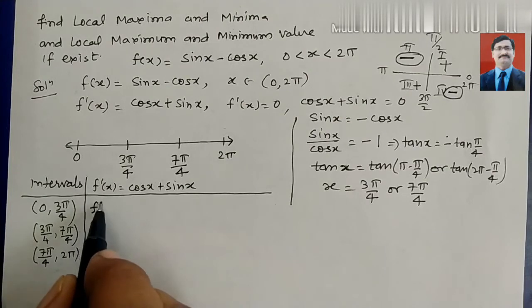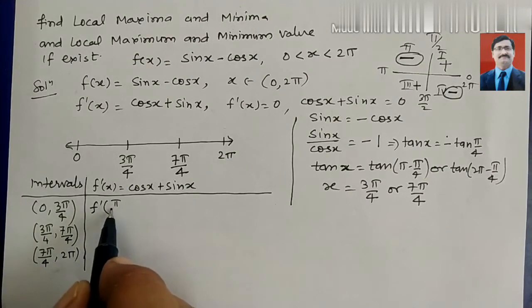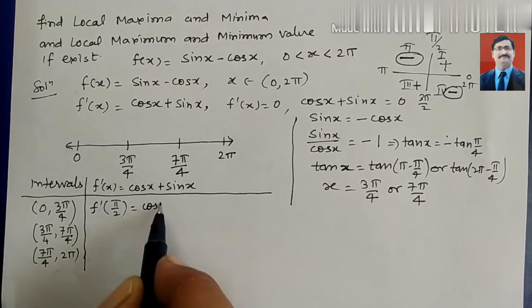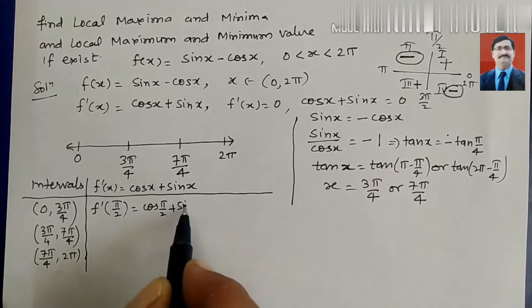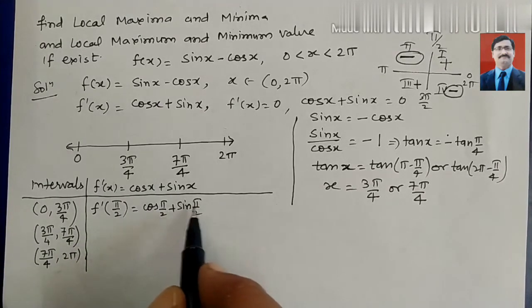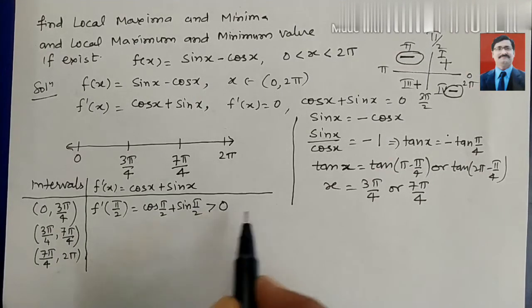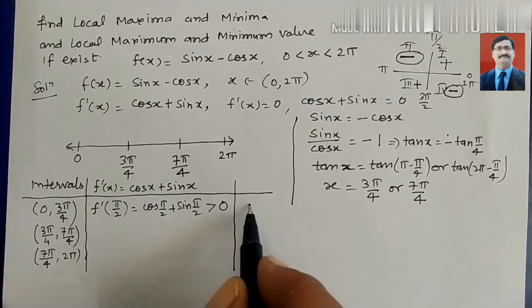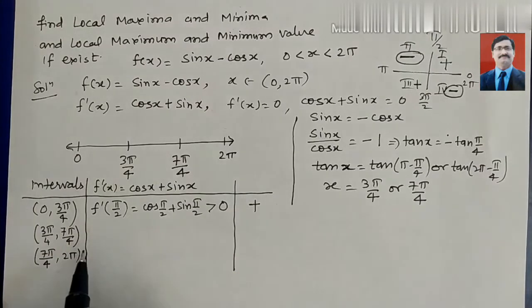So we take f dash pi by 2, which is cos pi by 2 plus sin pi by 2. Cos pi by 2 is 0 and sin pi by 2 is 1, so this is greater than 0, and the sign is positive.